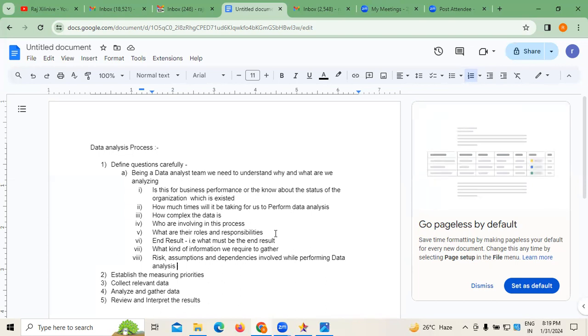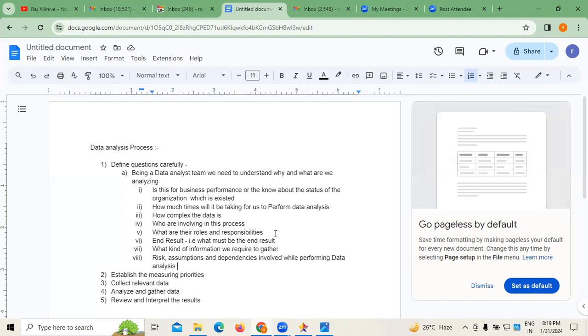There will be no value for that. So when you are understanding the assumptions in reference to data analysis, in the beginning we should assume that whatever data we are taking is accurate.